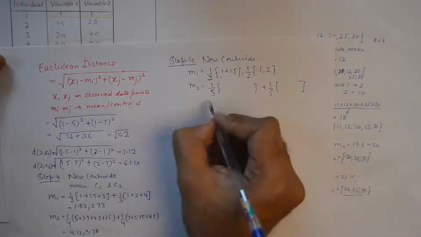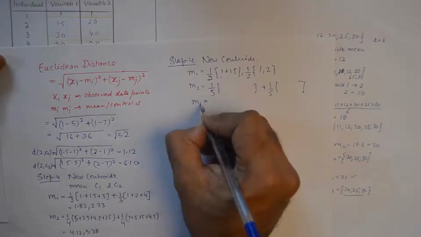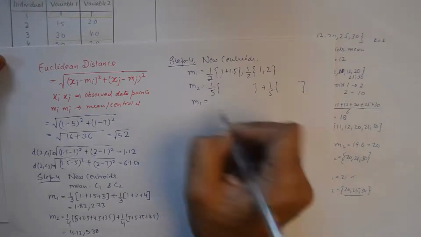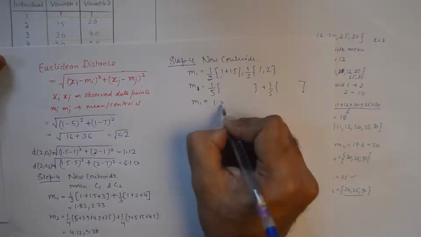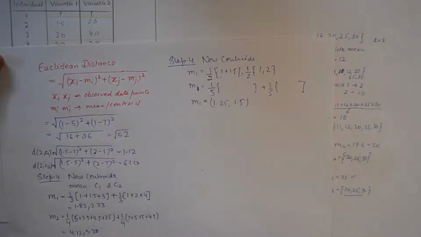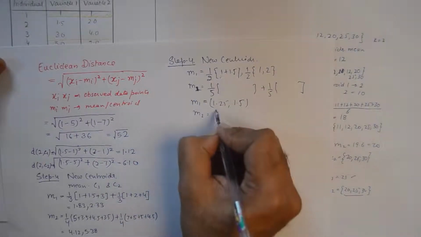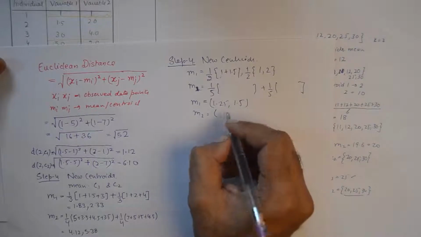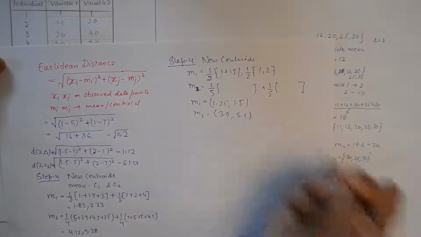And you'll find that the centroids, this is m1, they come out to be 1.25 comma 1.5, and m2 comes out to be 3.9 comma 5.1.